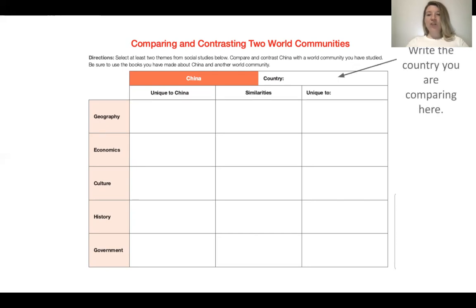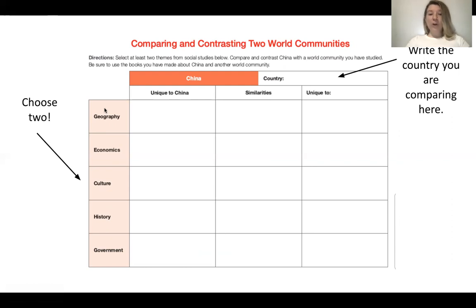So first, you're going to start by choosing the other country you would like to compare with China. You can choose Nigeria or Egypt. You will write that right here on the chart. Once you have chosen the other country, you will then select two themes to fill in on this chart.